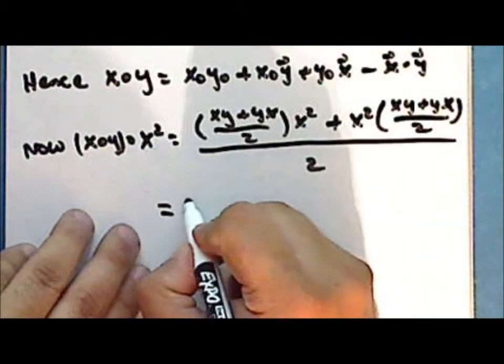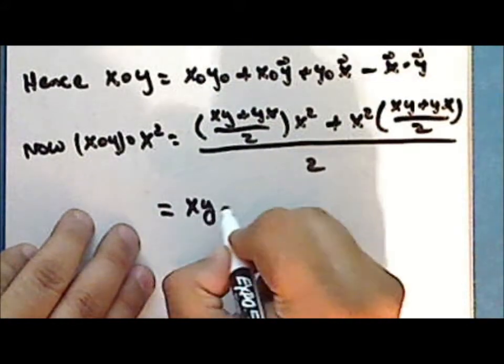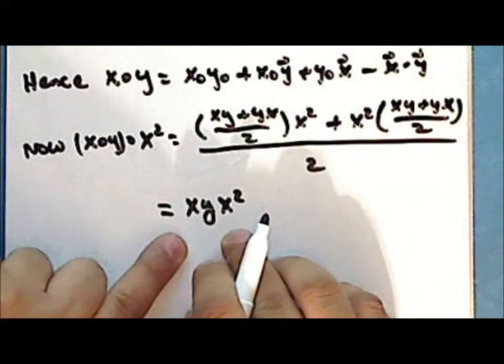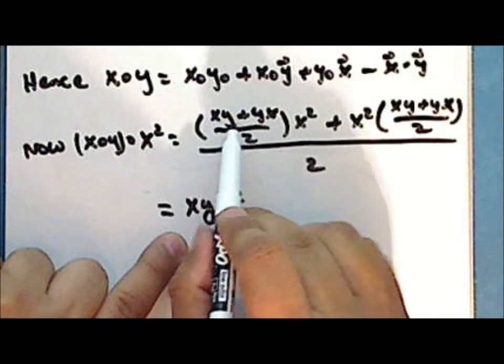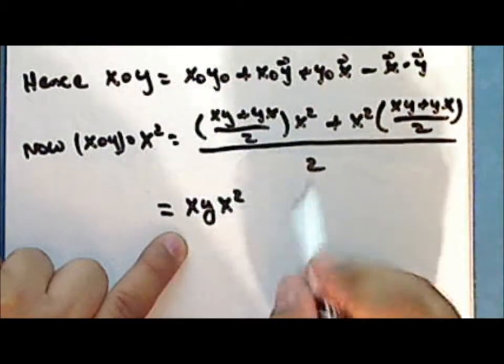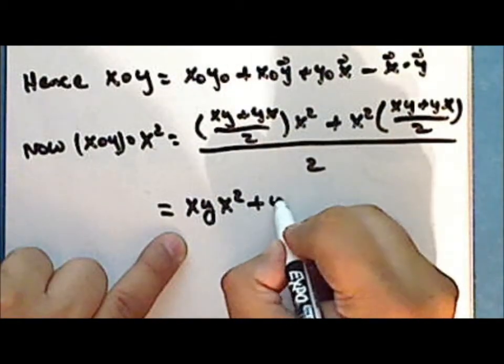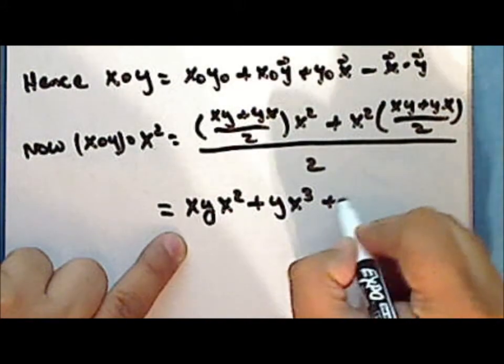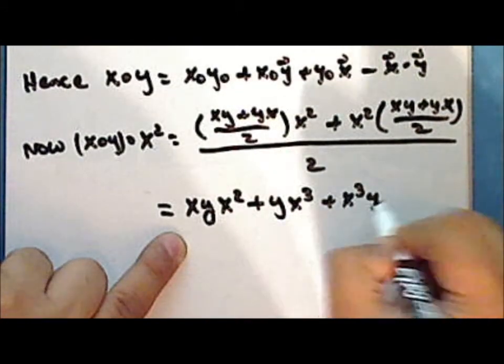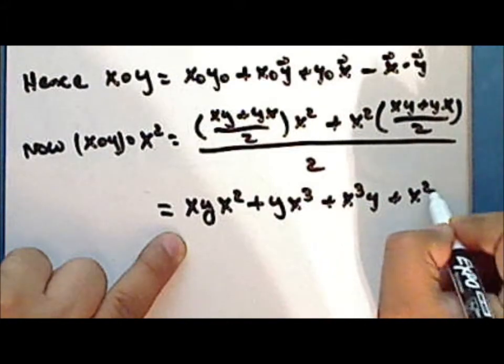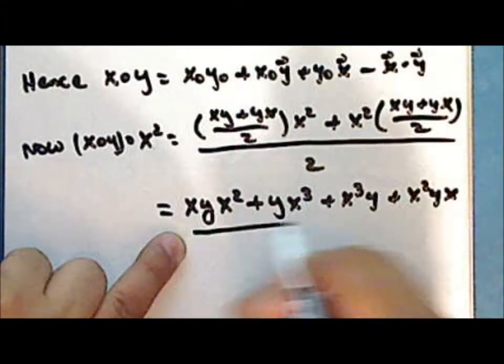And so we have x times y times x squared, where I'm leaving out the parentheses since multiplication of quaternions is associative, plus y times x cubed plus x cubed times y plus x squared times y times x, all of which is divided by 4.